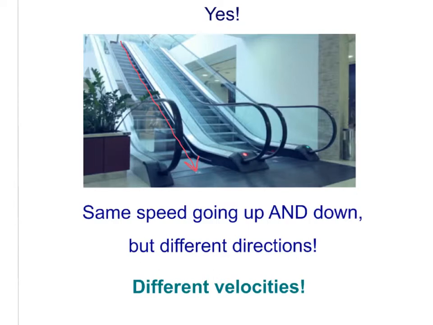Whatever speed that escalator is going down, this escalator is going up the same speed, but they're going different directions. One is going this direction and one is going exactly the opposite direction. Therefore, they have different velocities. Same speed, but different velocities.